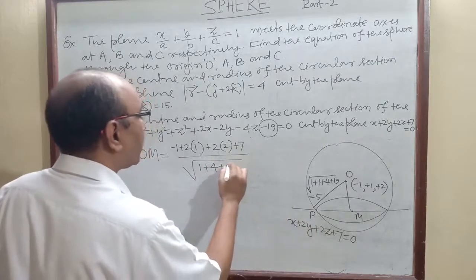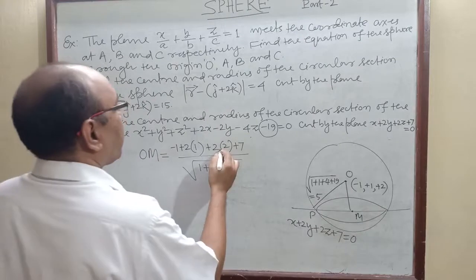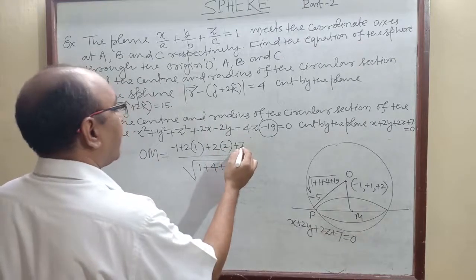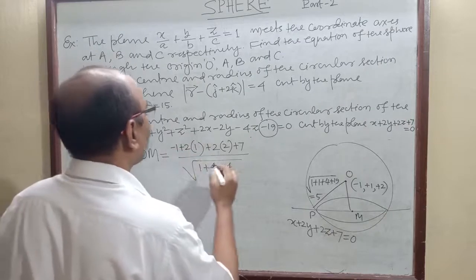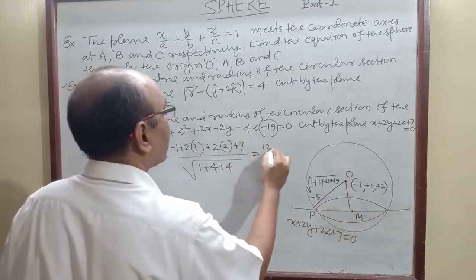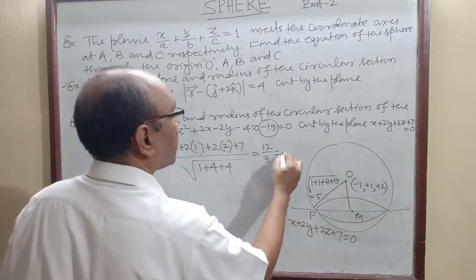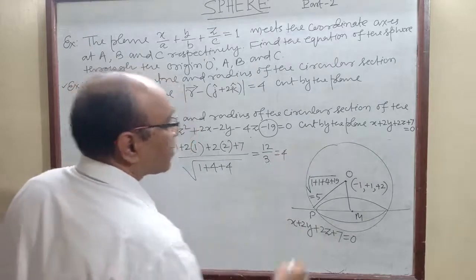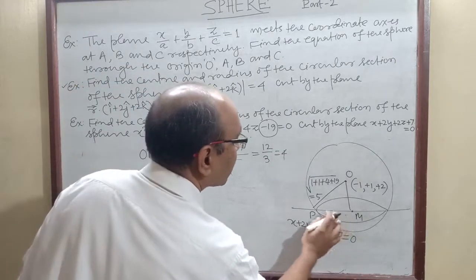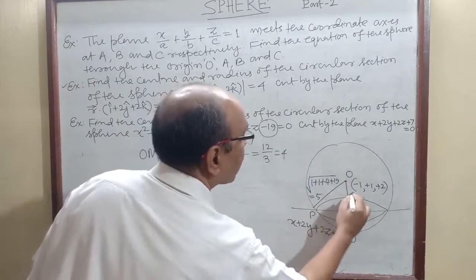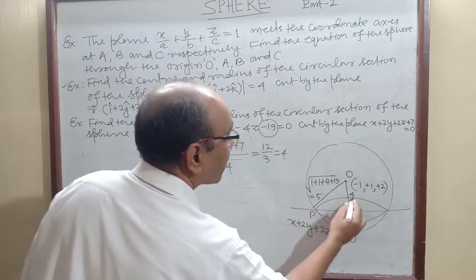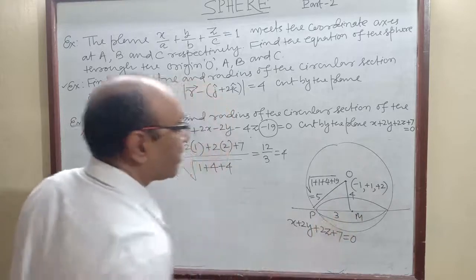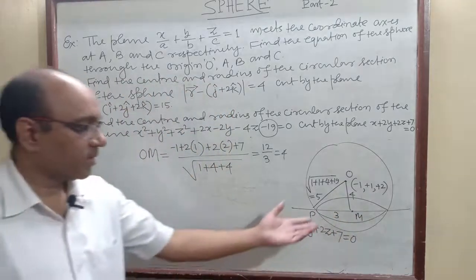So 4 plus 7 is 11, 11 minus 1 is 10, 10 plus 2 is 12, 12 by 3 is 4. So the length of the perpendicular is 4. Then 25 minus 16 is 9, so the radius will come 3.